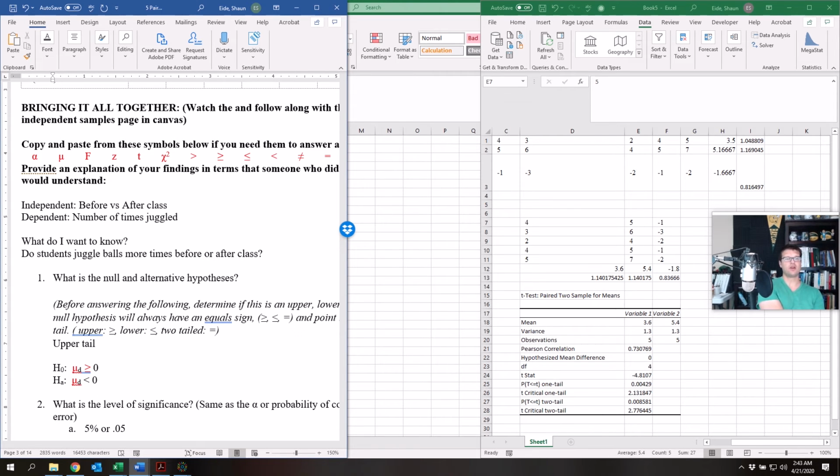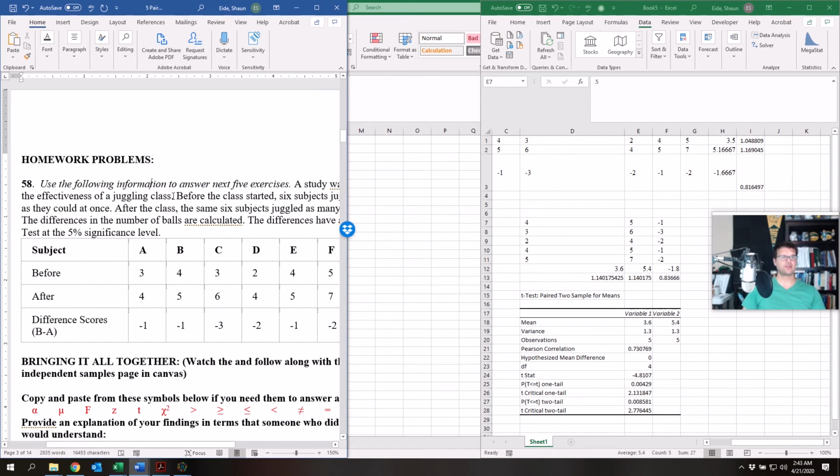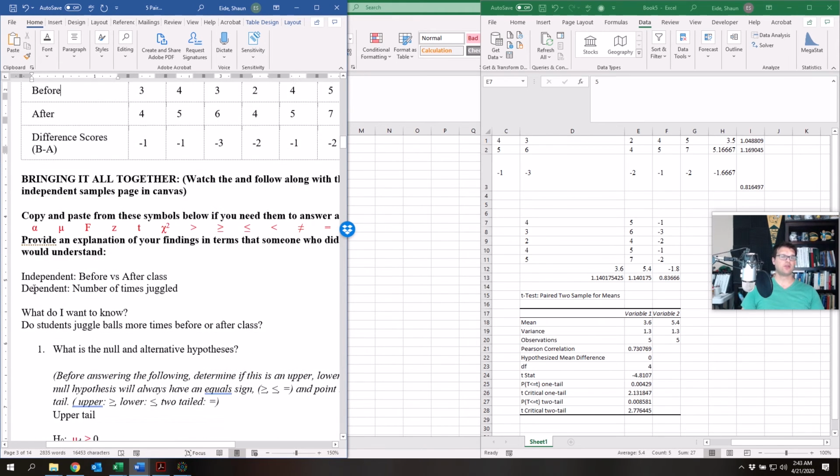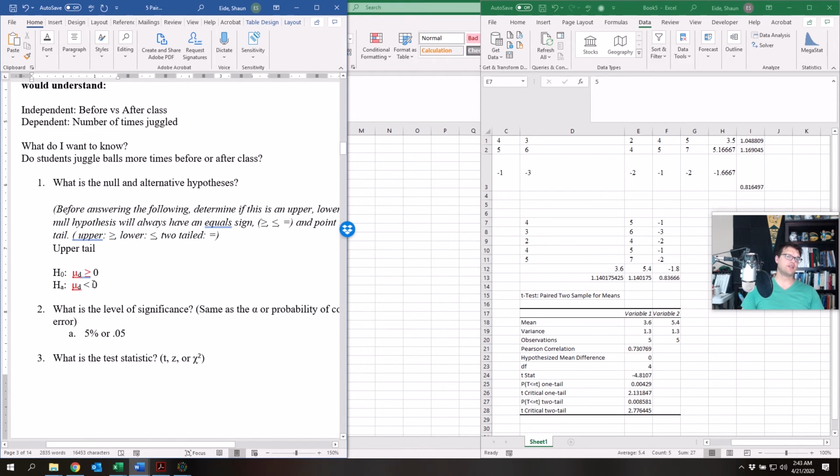And so the way that I would say this up here is it would actually say the effectiveness of a juggling class. So yes, you do want the after to be higher, but what we're actually saying is that the before is going to be lower. So the before is going to be lower, causing the difference score to be negative, or causing the difference score to be less than 0.